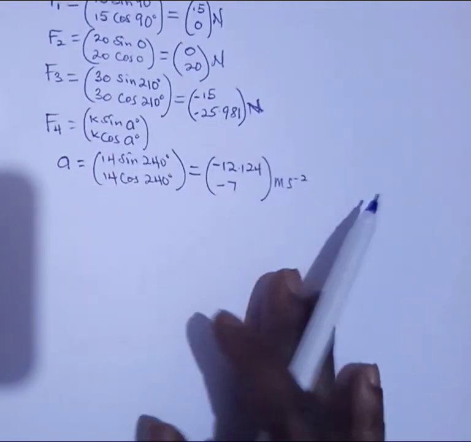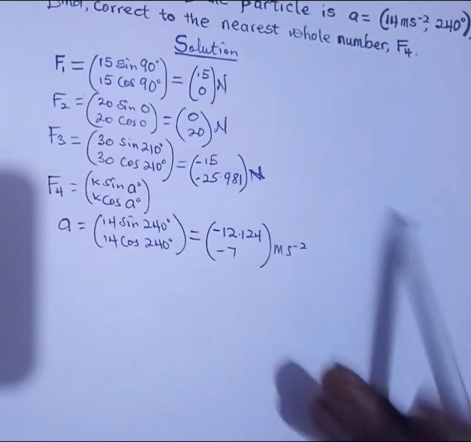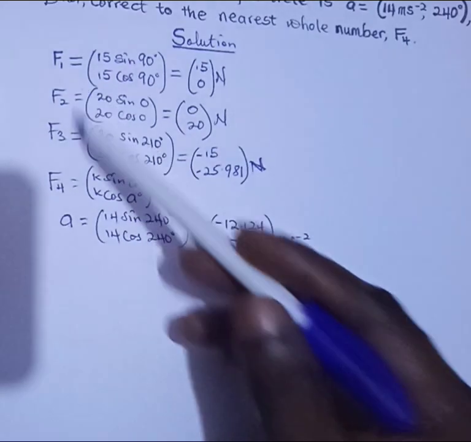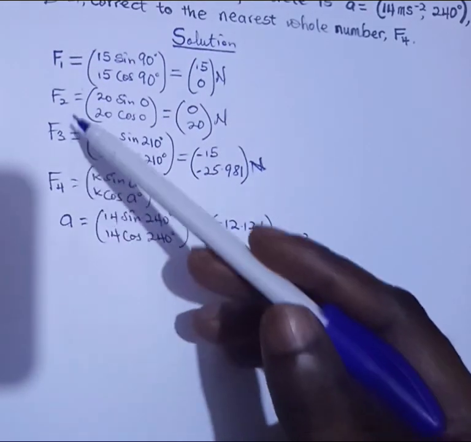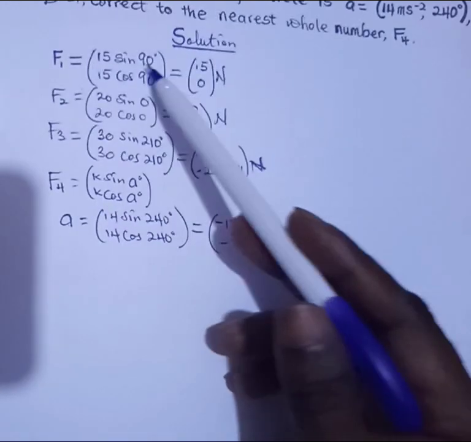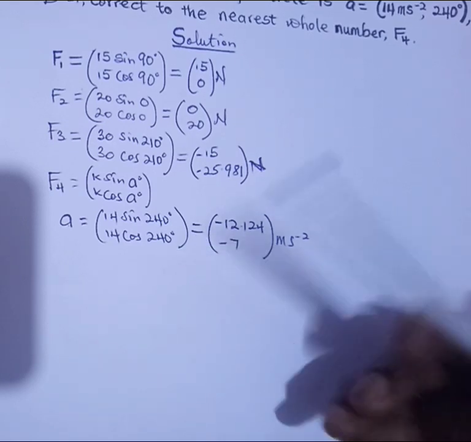All right. Good. Now, since we have these forces here, the forces are how many? 1, 2, 3, 4. So what we'll do is we are going to find the resultant force. Have you gotten it? And in finding the resultant force, we only have to sum all the forces. Then we are getting the resultant force.